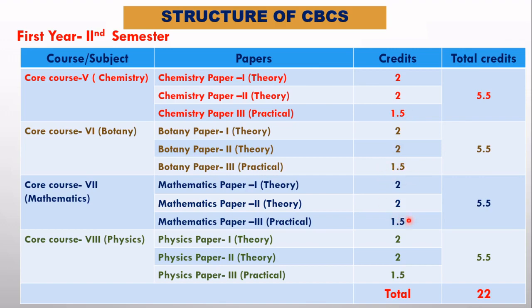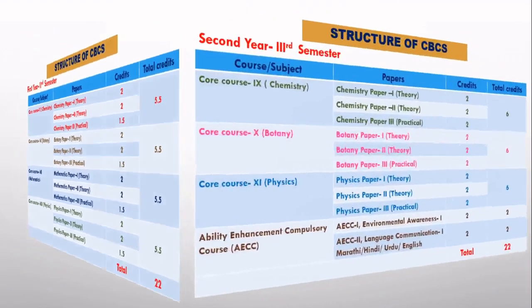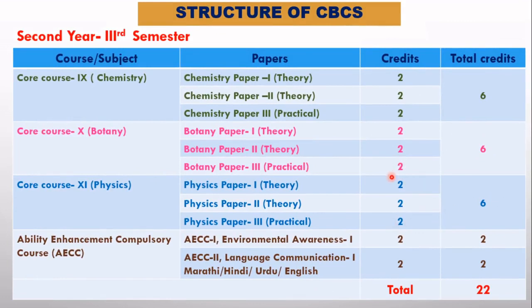But in second year, there will be 2 credits for each practical paper. So like theory, the practical paper also has 2 credits, so that one core course becomes of 6 credits. How? 2 theory subjects contain 2 plus 2 credits and one practical subject contains 2 credits, means there will be 6 credits. As we know, there are 3 subjects in SYBSc.